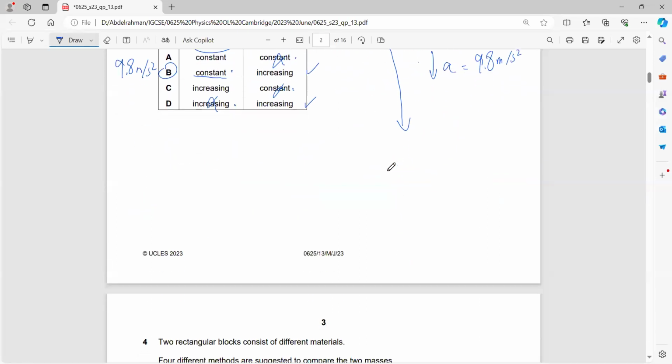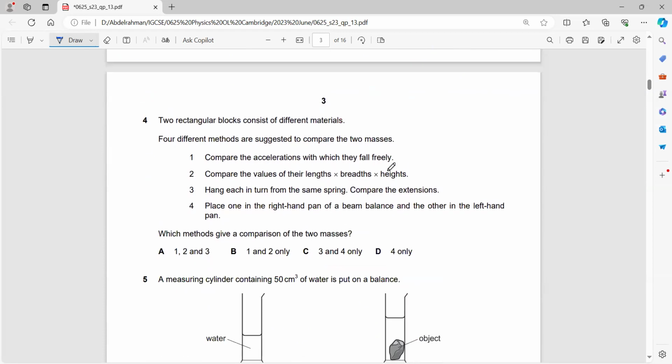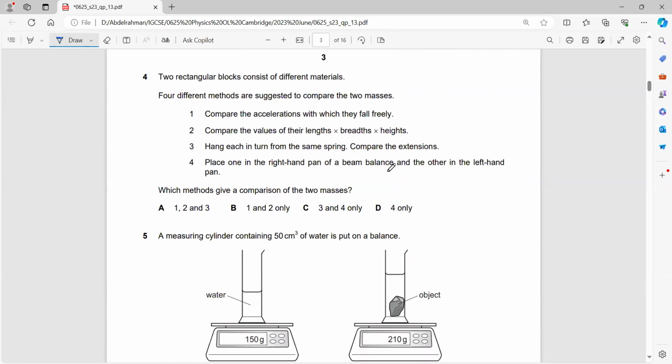Two rectangular blocks consist of different materials. Four different methods are suggested to compare the masses of these blocks. One, compare the accelerations with which they freely fall. Two, compare the values of their lengths, breadths, and heights. Breadth is the width.